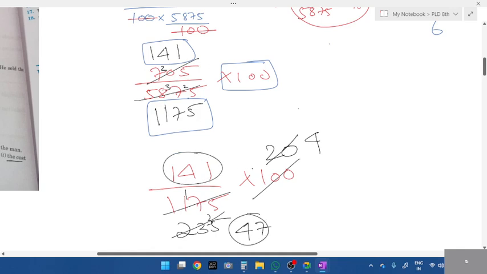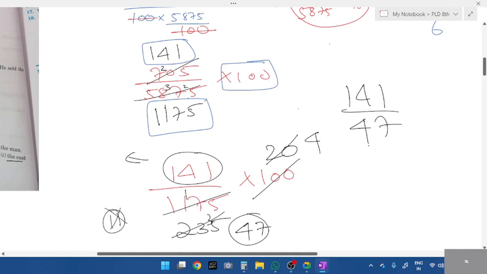Now 47 and 141, students. Is it divisible by 2? No. What's the rule for 3? What's the rule for 3 I told you? So for this, what are we getting? 1 plus 4 plus 1? 6. 6 is divisible. Add 4 plus 7. How much is 4 plus 7? 11. 11 is not divisible by 3, right?